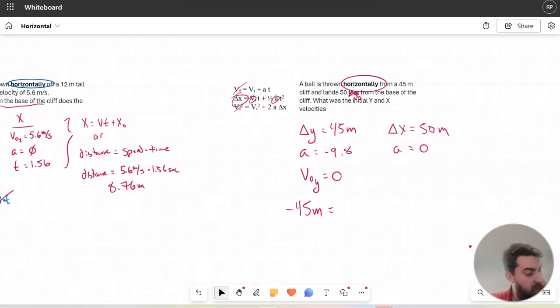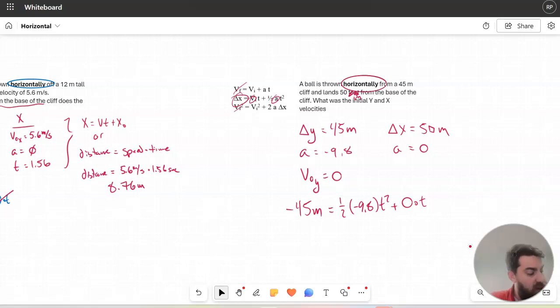equals 1/2 times negative 9.8 t squared plus our initial velocity in the y, which is 0, times time. Again, yes, it has an initial velocity, but that's only in the horizontal. We didn't push it up or push it down at all.